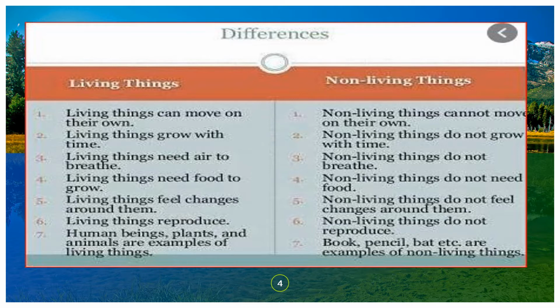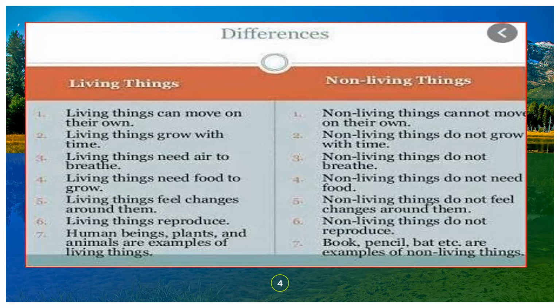Second point, they can grow with time, whereas non-living things do not grow with time. Living things need air to breathe, whereas non-living things do not need air to breathe. They never breathe actually. Living things need food to grow, and non-living things do not need any food. Living things feel changes around them, whereas non-living things cannot.